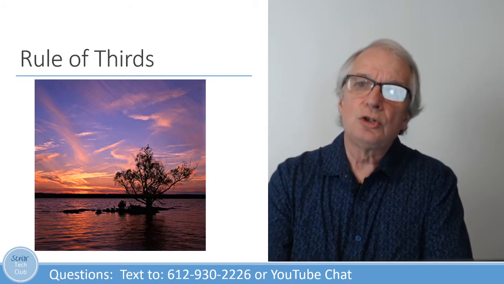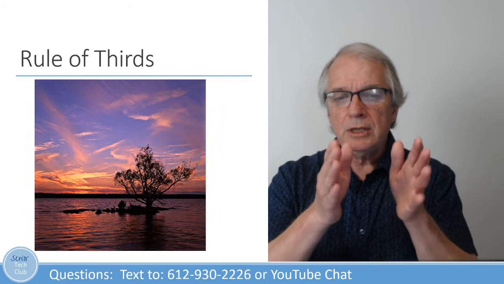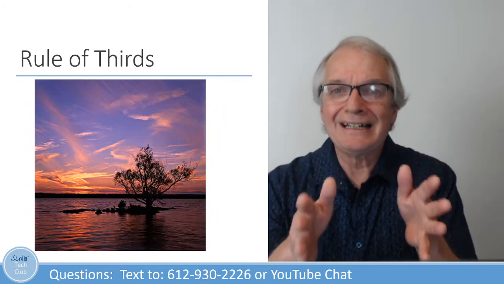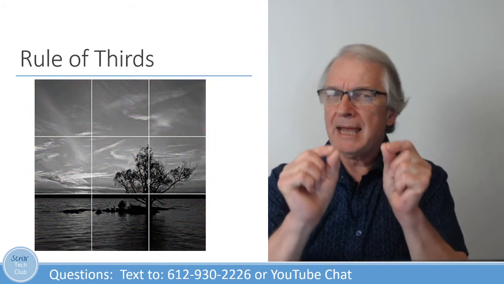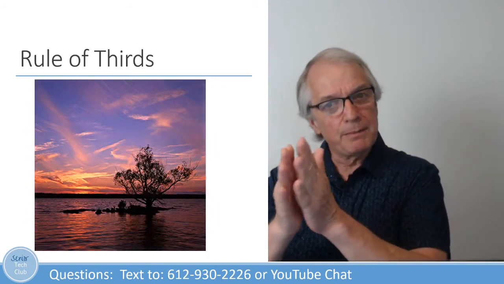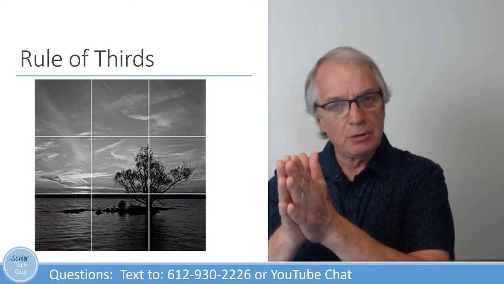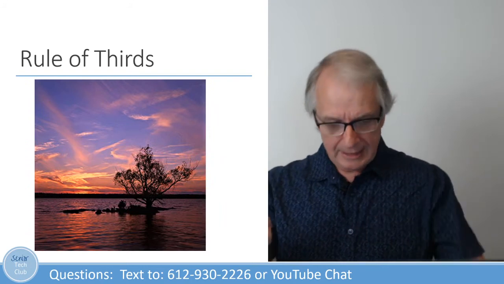The essential rule of thirds proposes that when you have a featured item in your photograph, you don't want to put it smack dab in the middle. What you want to do is put it on the 1/3 line, either vertically or horizontally.